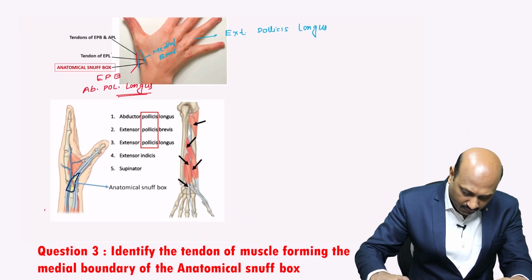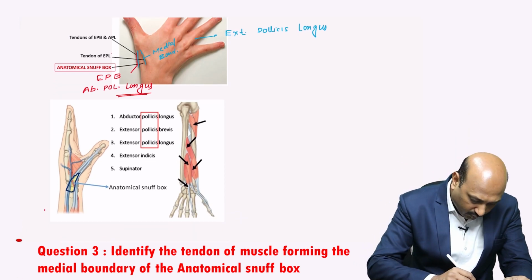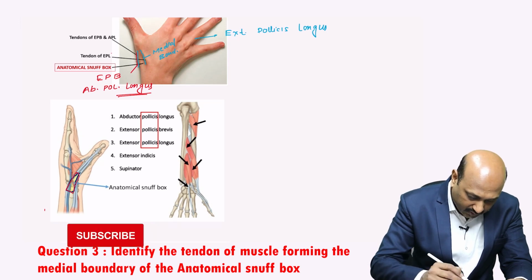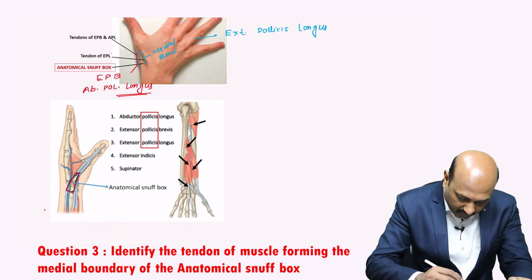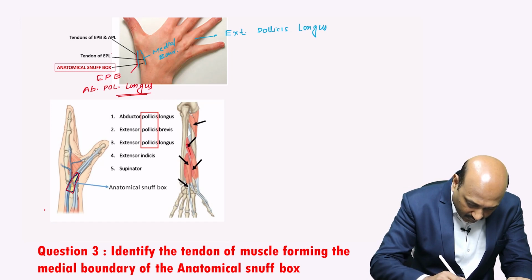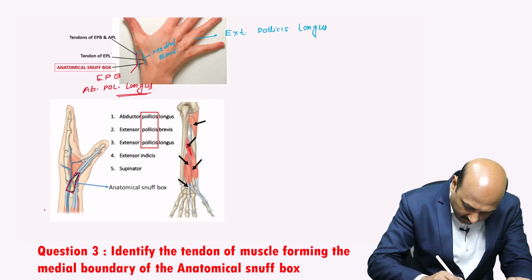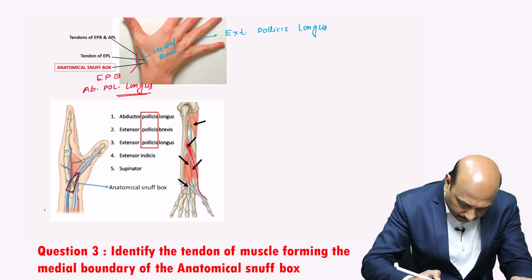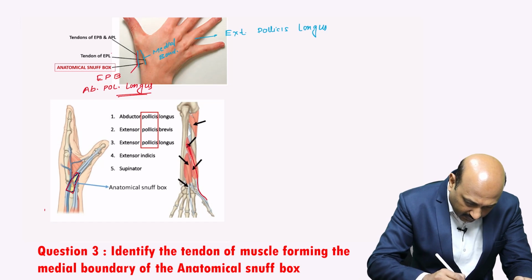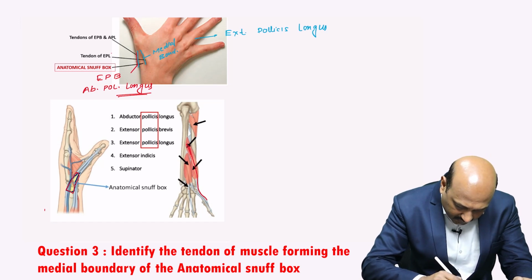In the next image, we can see this triangular depression mentioned here, bounded by muscles. If you trace the first muscle, its tendon is present here, right? And there are two more muscles which are present here.